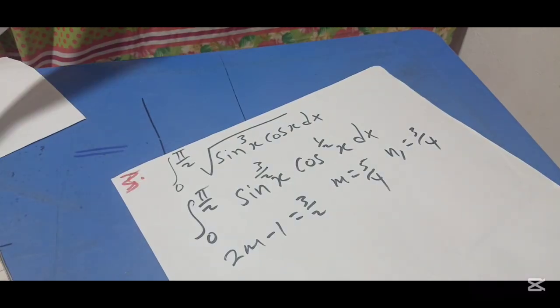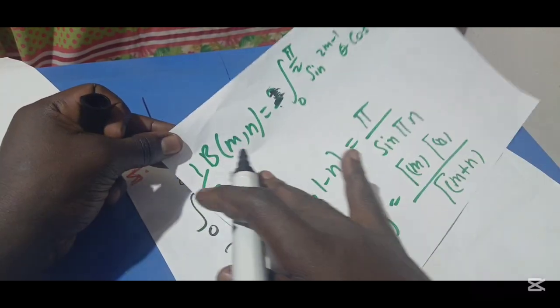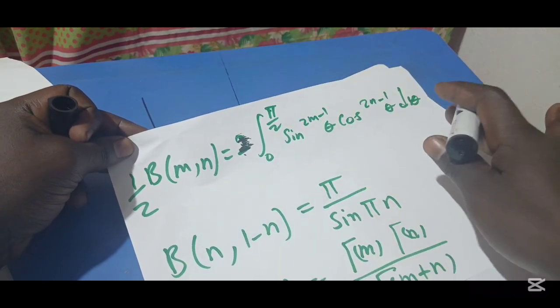So now we are comparing to this formula. We know that half beta of m, n gives us that, right?